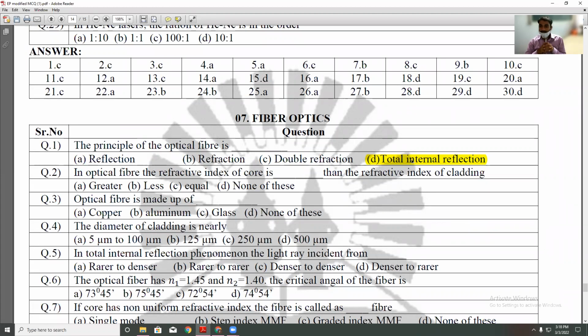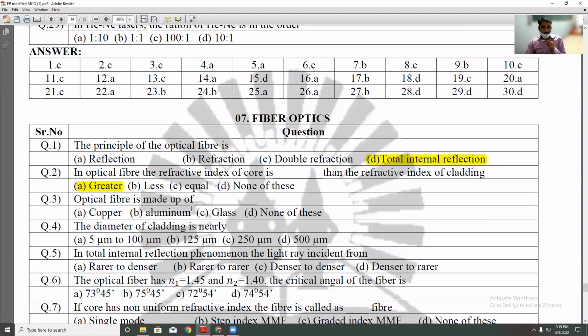N1 is the refractive index of the core region and N2 is the refractive index of the cladding region. The options are less than, greater than, equal to, none of these. Greater than. Good. The refractive index of the core region is greater than the refractive index of the cladding region.